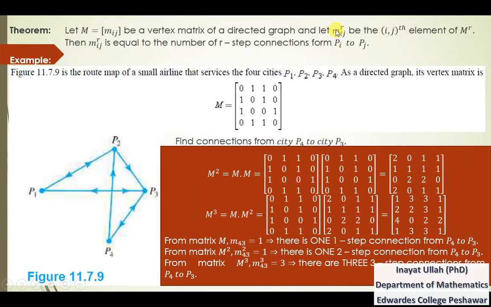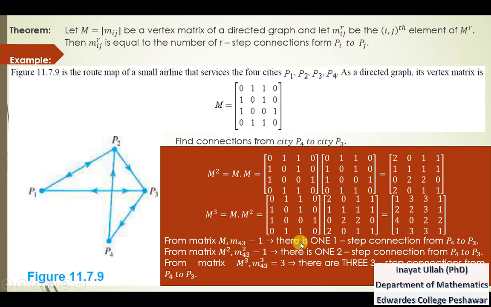So we will concentrate on M43. From the original matrix M, M43 is the entry in the fourth row and third column of M. So from matrix M, M43 is 1.